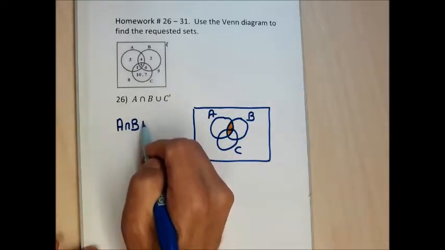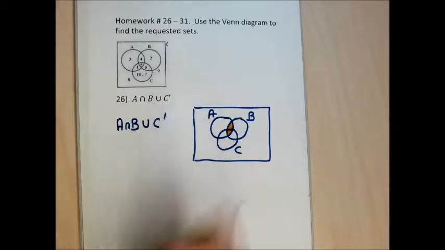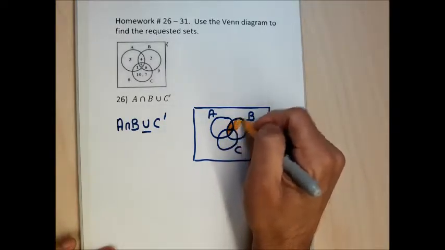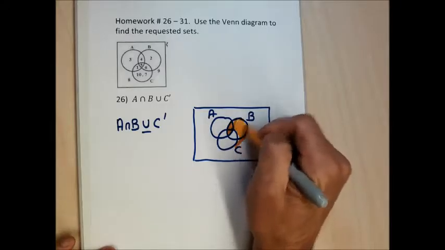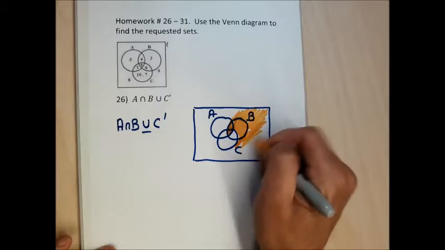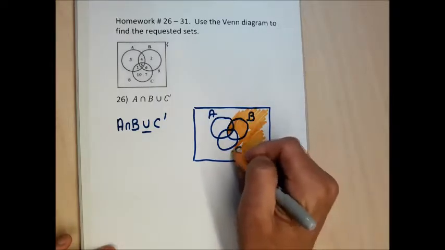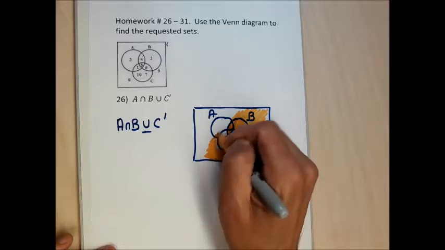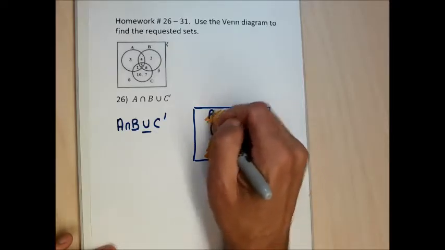And now I'm going to union that with C complement. And to union it with C complement, because I'm doing a union, I don't need to add another color. I'm going to just do C complement, and C complement is everything outside the C circle. Same color because I'm doing a union. Staying outside the C circle, but getting right up to the C circle the best I can.